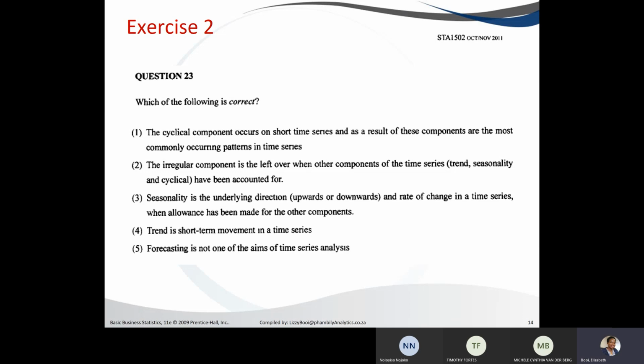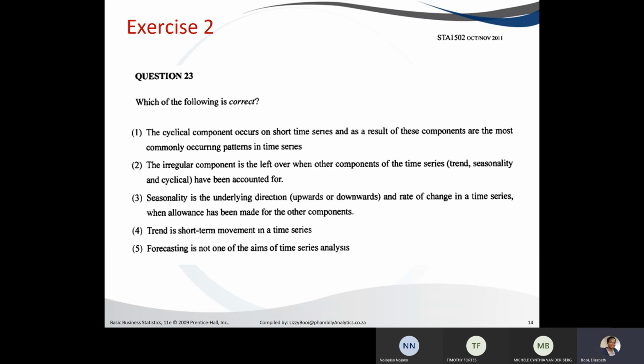Number 2: the irregular component is the leftover when the components of a time series, trend, seasonal, and cyclical, have been accounted for. These are the erratic ones.